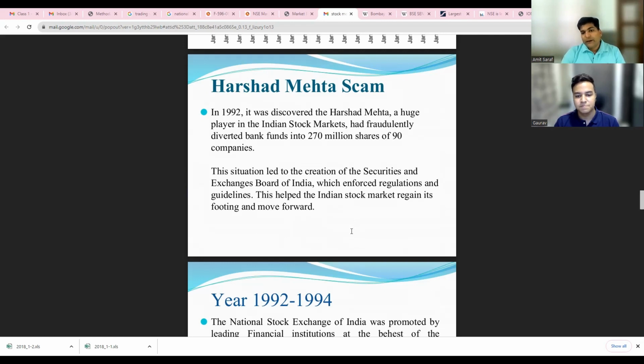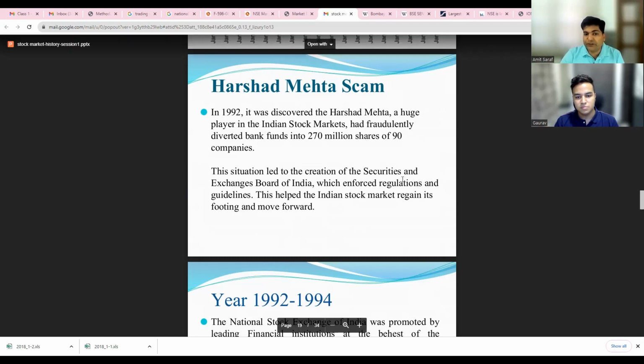And even that scam, whatever you call it, had a positive impact, because there was a lot of volume increasing in the markets and a lot of participation. This situation led to the creation of the Securities and Exchange Board of India, which enforced regulations and guidelines. This helped the Indian stock market regain its footing and move forward.